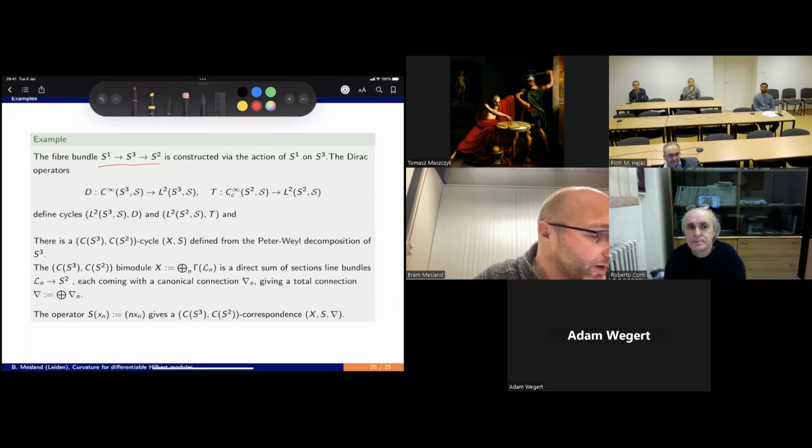So we take the spin spectral triples on the 3-sphere and the 2-sphere, and by just using their Dirac operators. And it turns out that this fibration allows you to build some cycle coming from the Peter-Weyl decomposition of S3 and also Fourier analysis on S1.